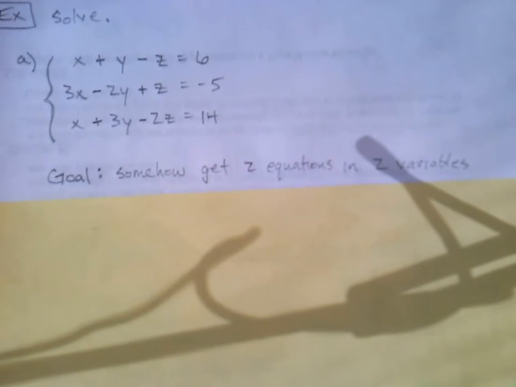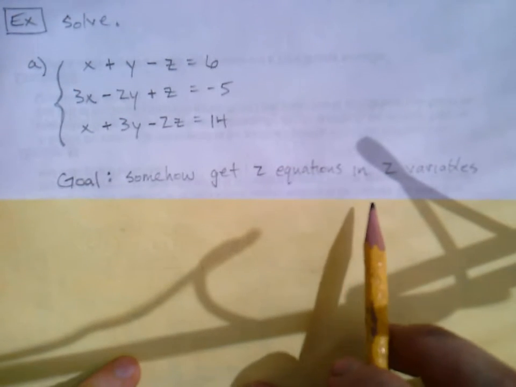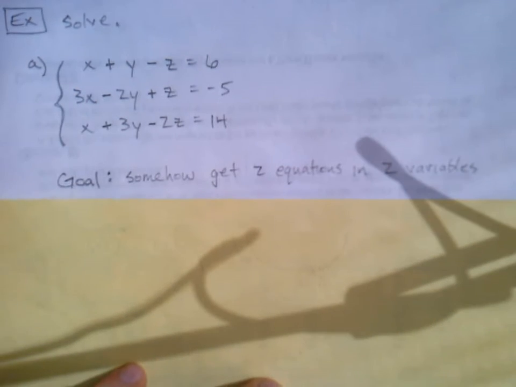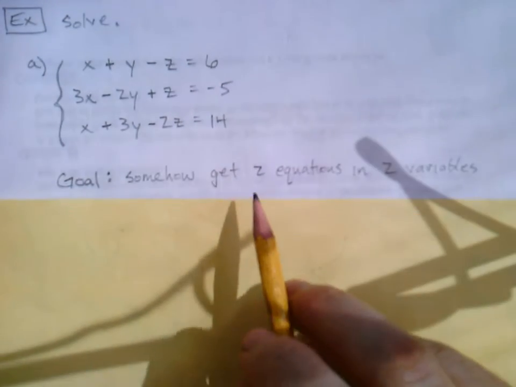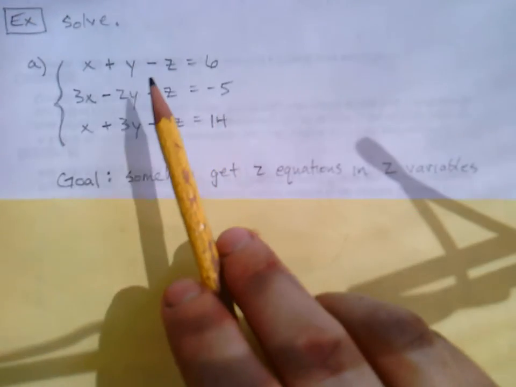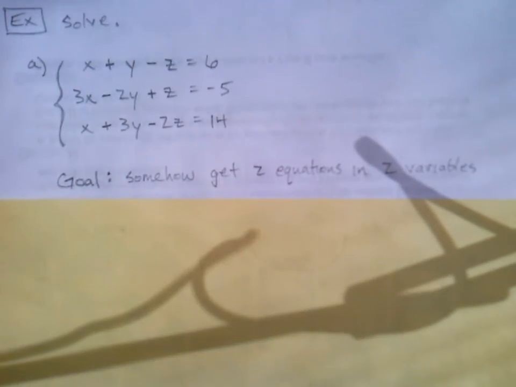Here is our goal. Okay. We are somehow going to get two equations in two variables. We start with three equations and three variables, but we're going to manage to work with this using elimination to get it down to just two equations with two variables.